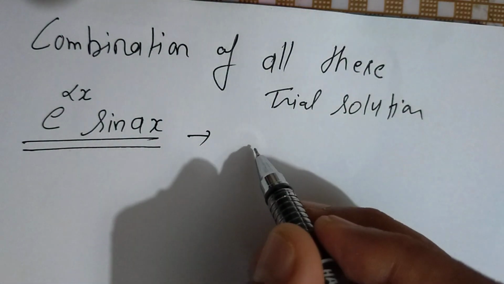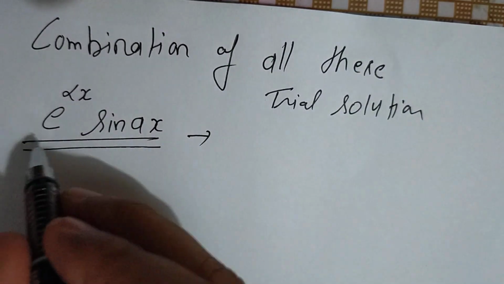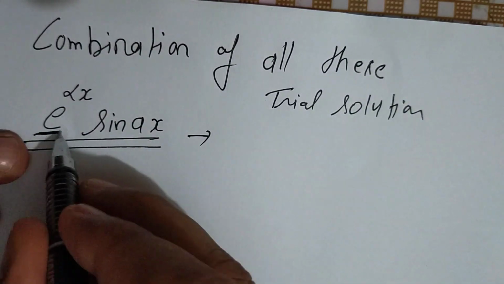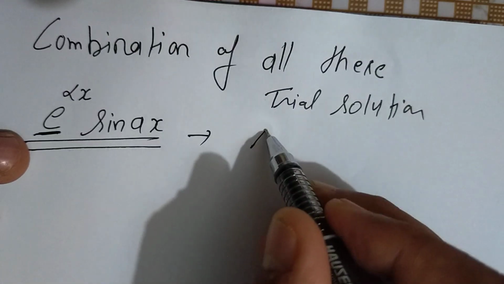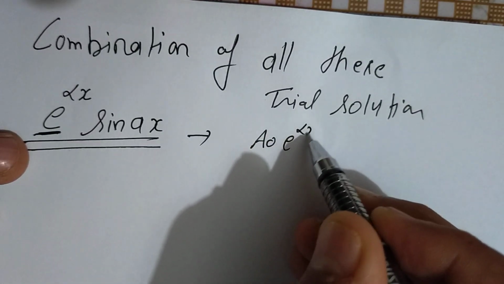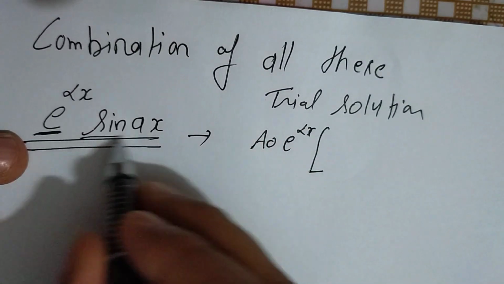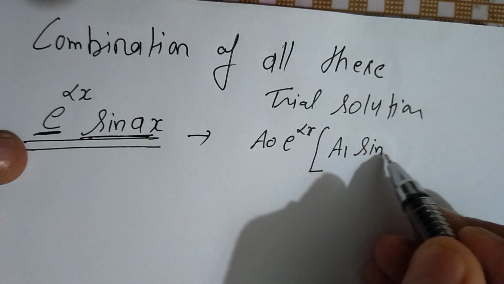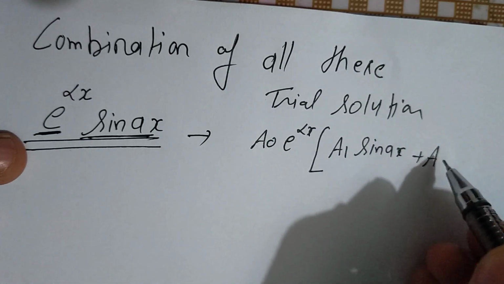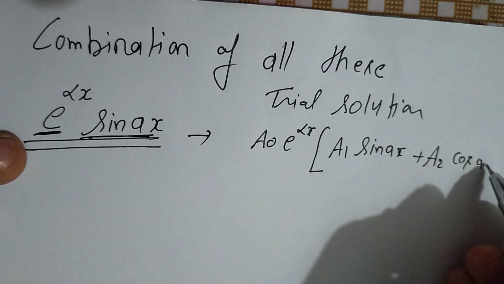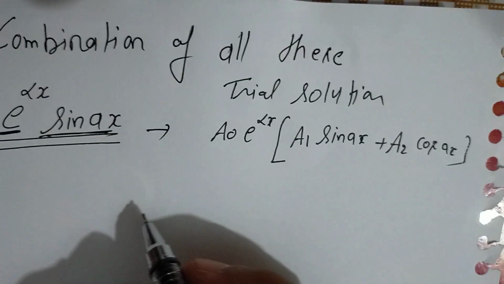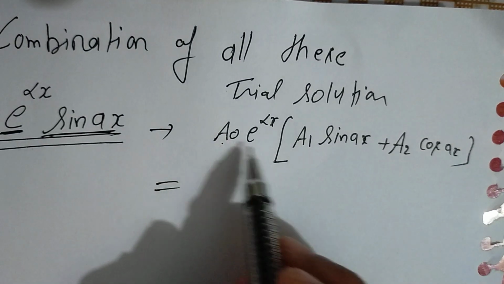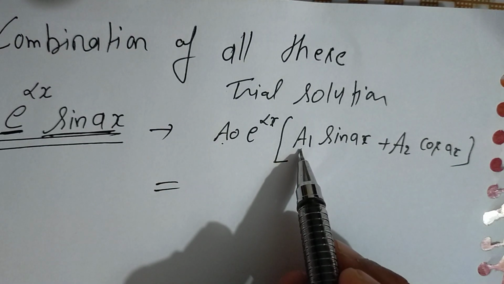Trial solution will be exponential. So this we already know. This will be some coefficient a0 e power alpha x, and for sin x we'll have a combination of sin ax plus cos ax. But if you see carefully, if you multiply a0 with a1, one new constant will come.